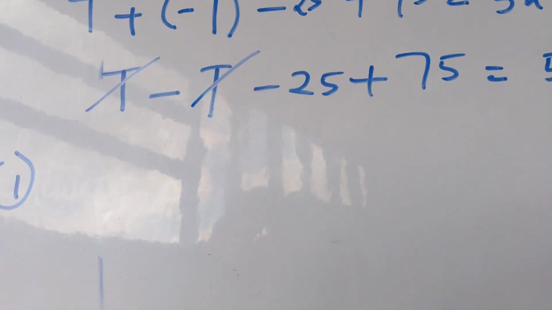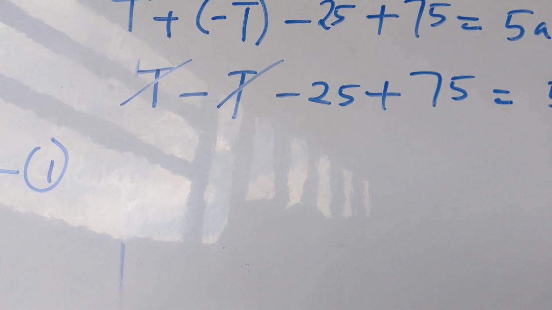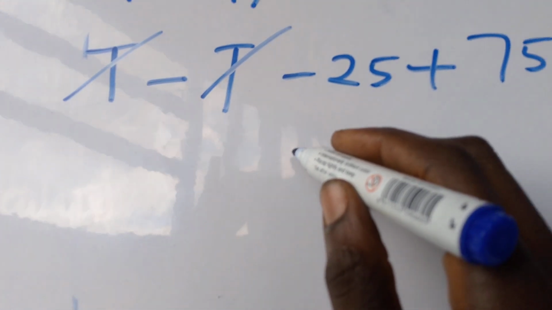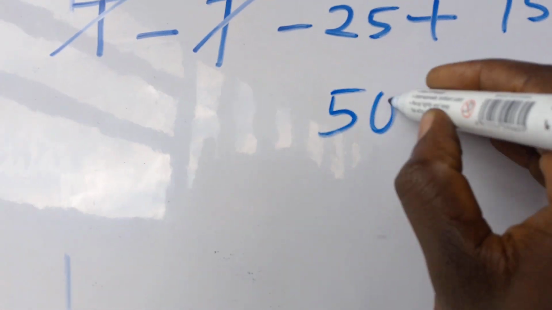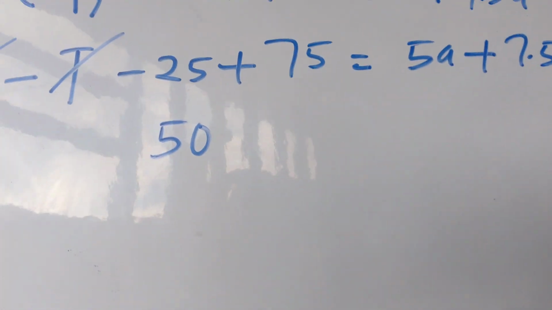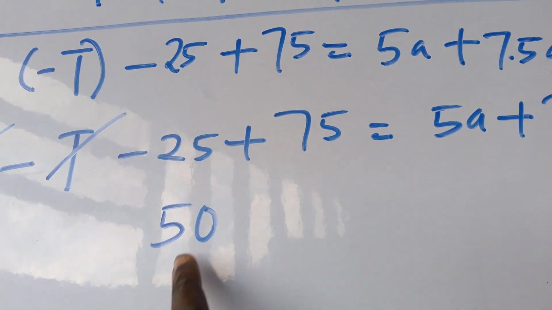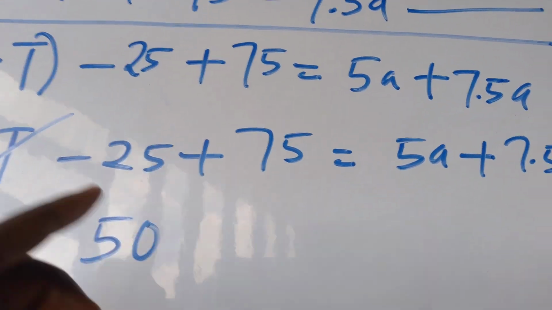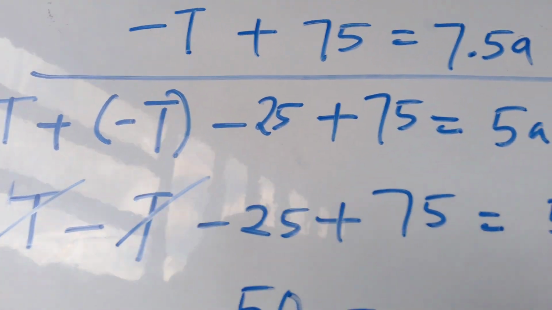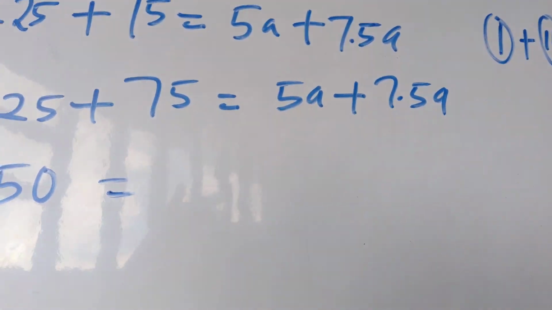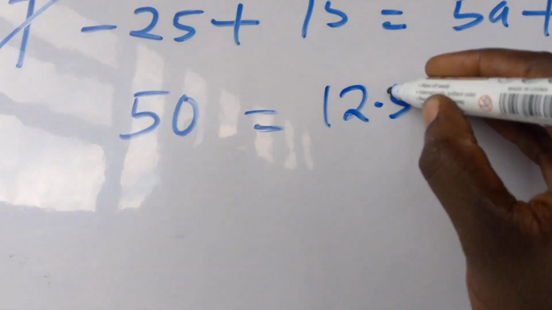This will cancel out, and then minus 25 plus 75 gives me 50. Then I have 5a plus 7.5a is 12.5a.